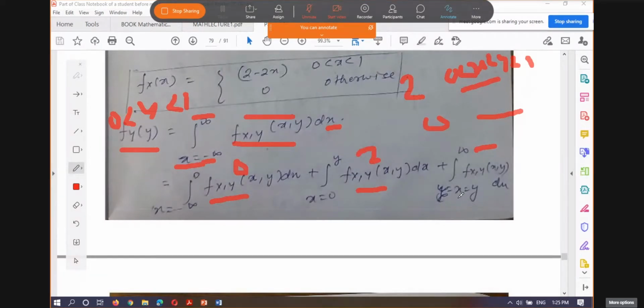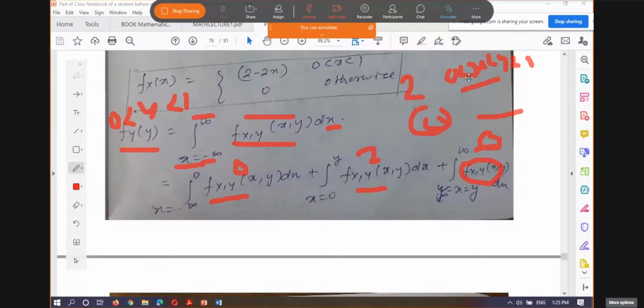Now x from y to infinity. In this part of the integration, x is having value greater than y, and if x is greater than y, it belongs to the other domain. Other domain means 0, so this value is also 0.